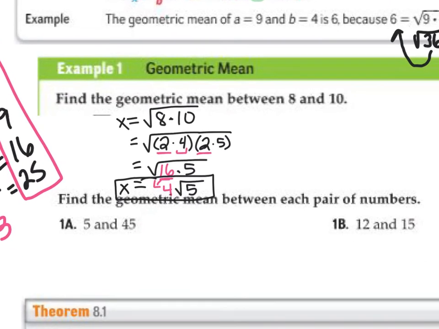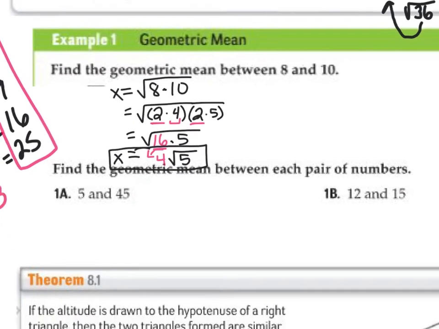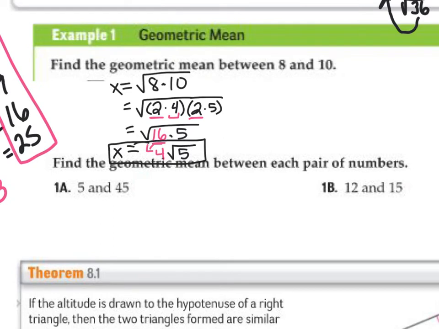Okay, so continuing on with another set of examples, okay, finding our geometric means, find the square root of our product, so 5 times 45. If you can multiply these together and automatically notice the perfect squares, cool. If not, factor it out. So we get 5 times 9.